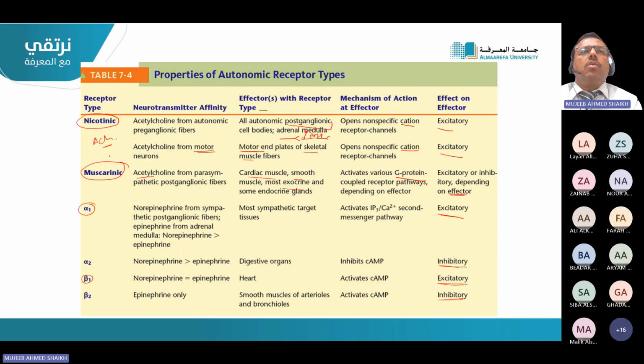At the neuromuscular junction, acetylcholine is released by the motor neuron and acts on the skeletal muscle. So this is through the motor neuron, and here it is through the preganglionic fiber. The motor neuron is not autonomic but a somatic neuron. This is somatic.